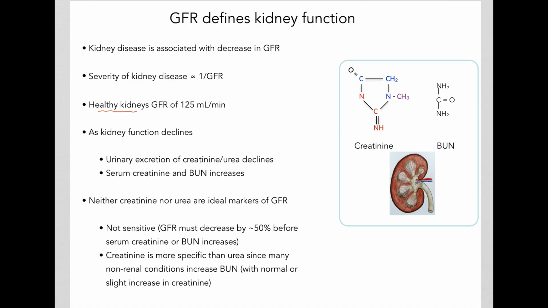In case of healthy kidneys, the GFR is roughly about 125 mL per minute. So as kidney function declines due to diseases or whatever reason, it makes sense that the excretion of creatinine as well as urea will go down.